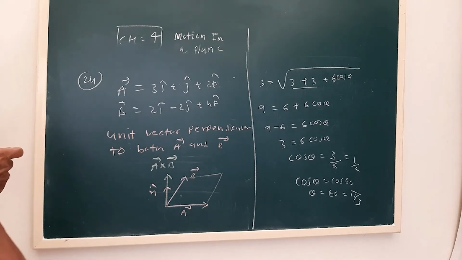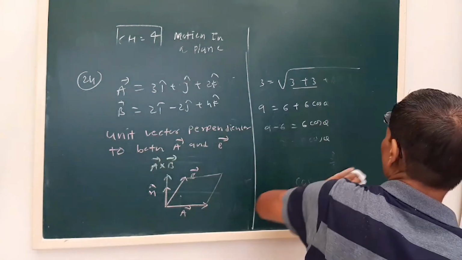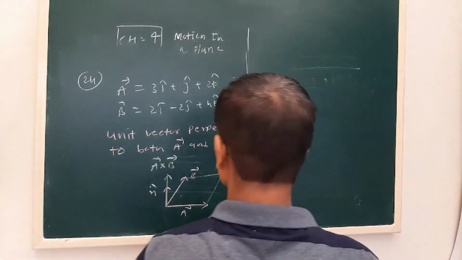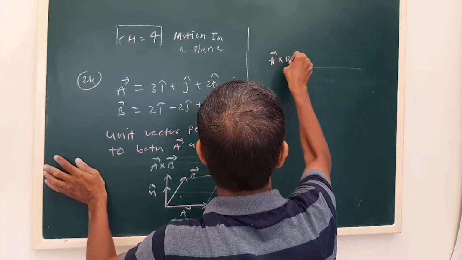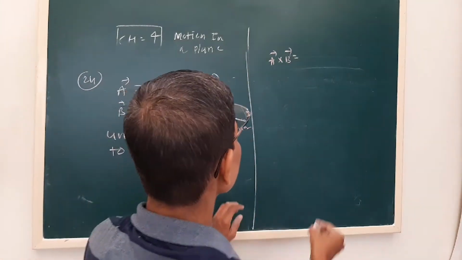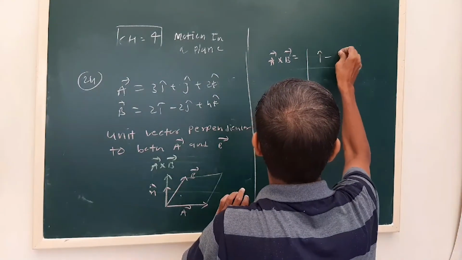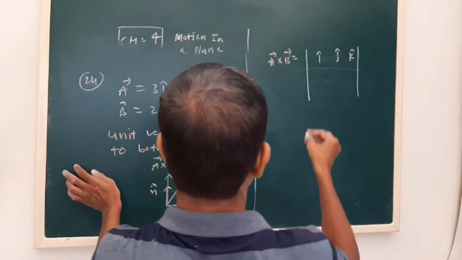So what do we have to do first? First we have to find out the vector product. Okay, see the question: 3i plus j plus 2k, 2i minus 2j plus 4k. So what do we do first? First we find out the vector product. See, the vector product is given by A cross B. Okay, there is 3.